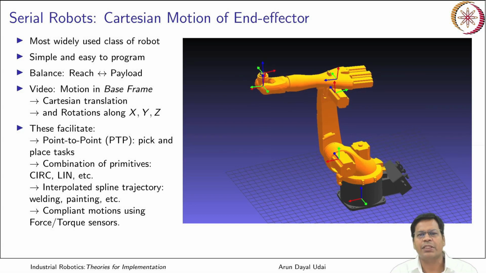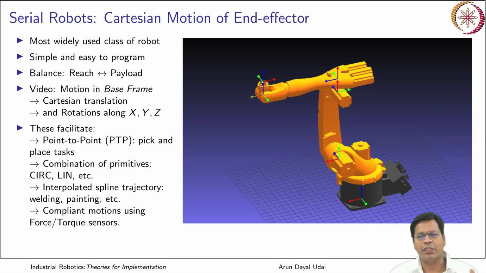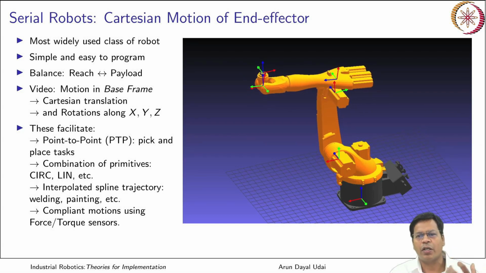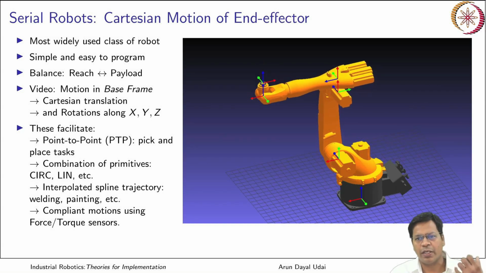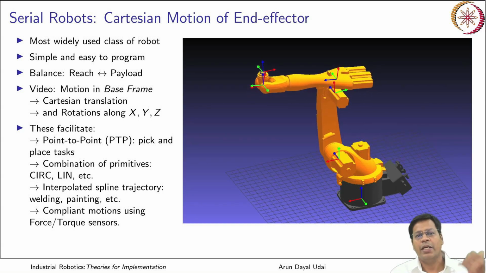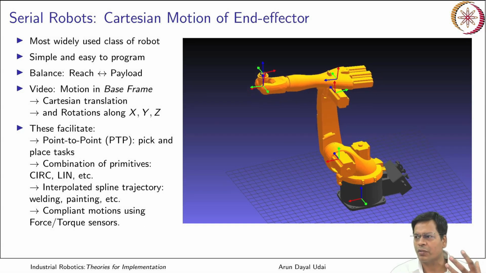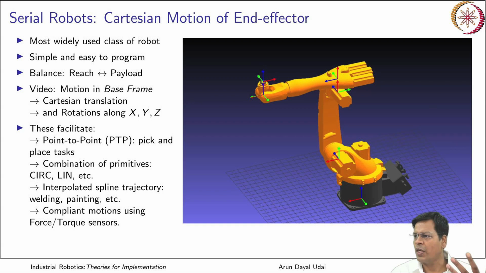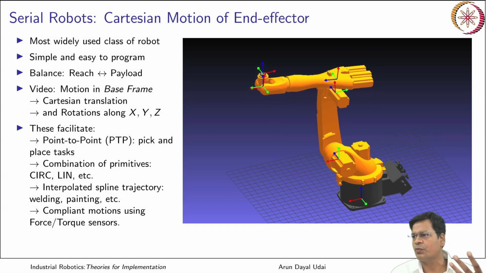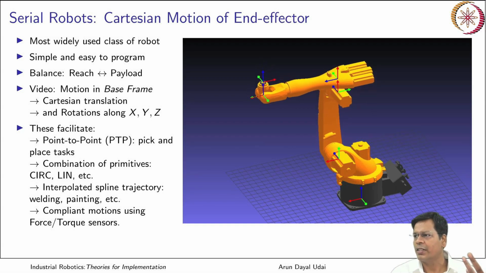They are gravity compensated. They can be controlled for impedance. They can be controlled for stiffness at their joints, even at the end effector level. So those kinds of robots are soft robots, and they are compliant. Using force torque sensors, it is made so. Okay, so that is also possible with this kind of robot.